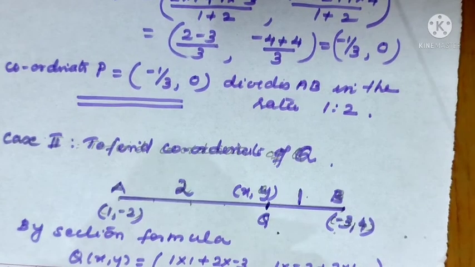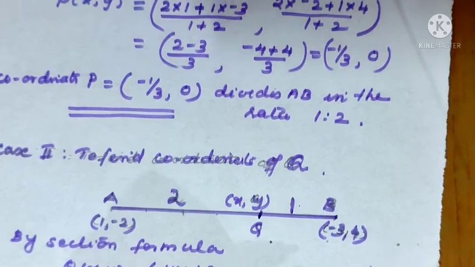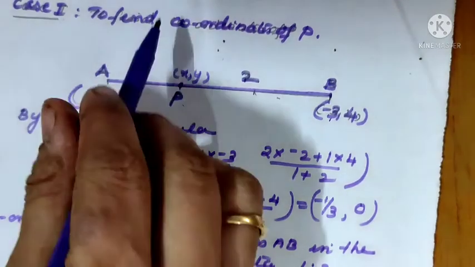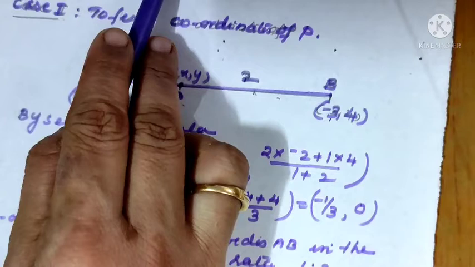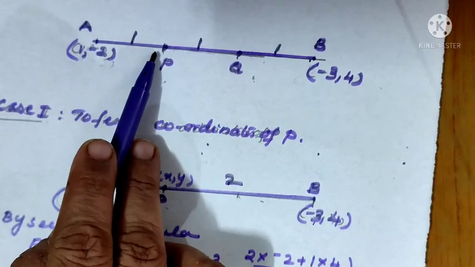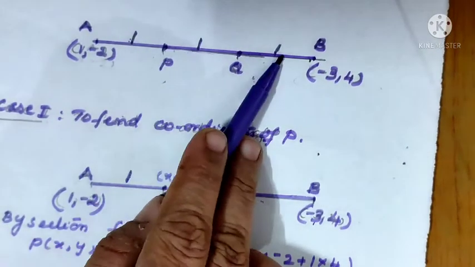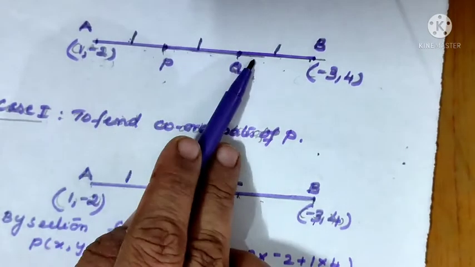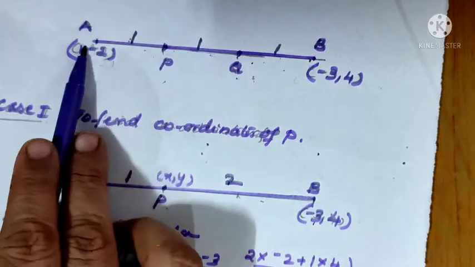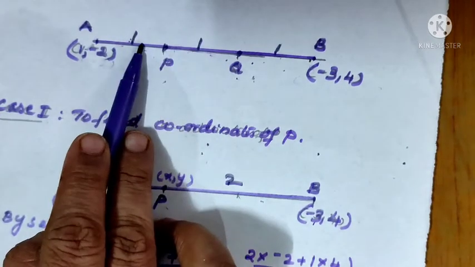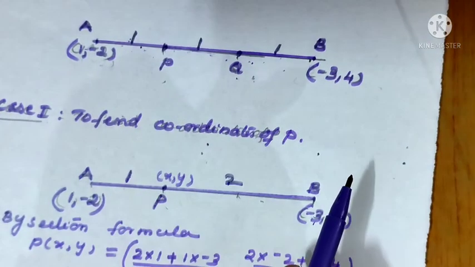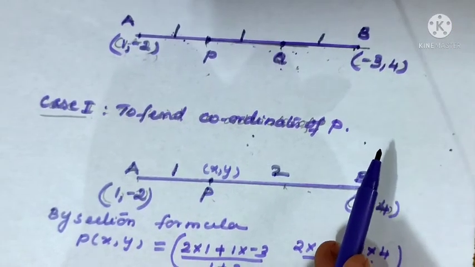So trisecting is done, and the same formula only we are using. So what is the change here? When we take the case of P, we consider 1 and the addition of these two ratios, 1:2. When we take Q, up to Q it is 1 plus 1, 2. Then after Q the ratio is 1. So like that we can use it.